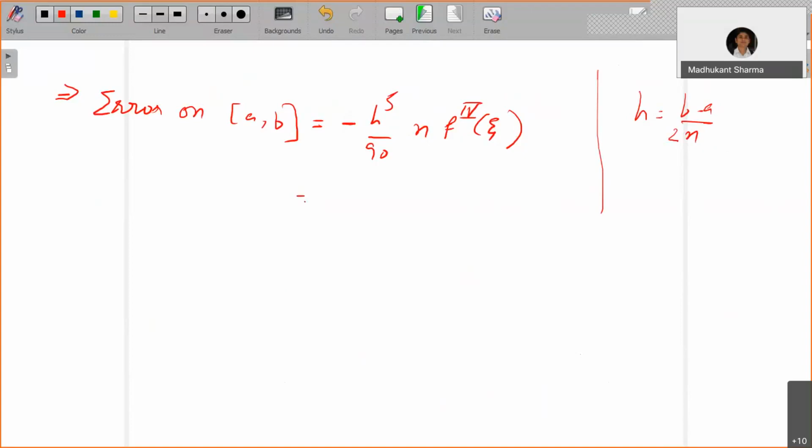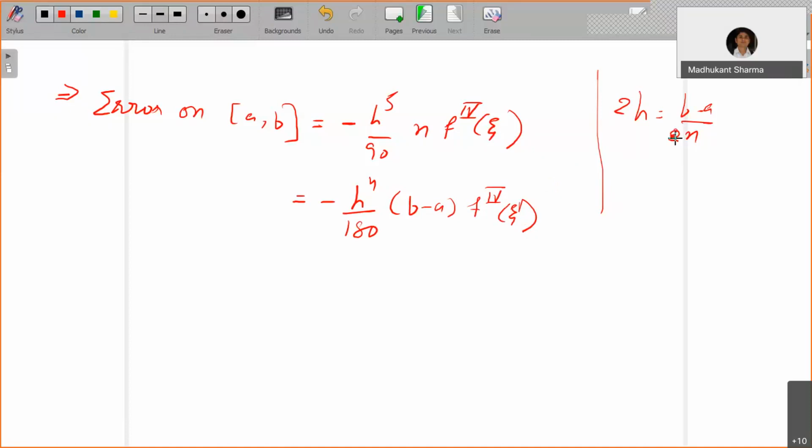So the error is equal to minus h to the power 4 by 180 times b minus a times the fourth derivative at some point. Okay, so h is equal to b minus a by 2n. Or you can say 2h is equal to b minus a by n. Okay, right. So this will give you the error in the composite Simpson's one-third rule.